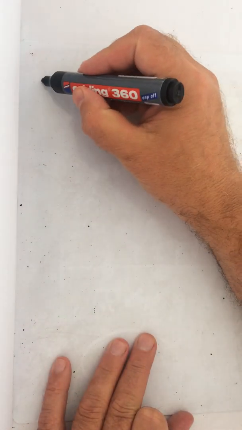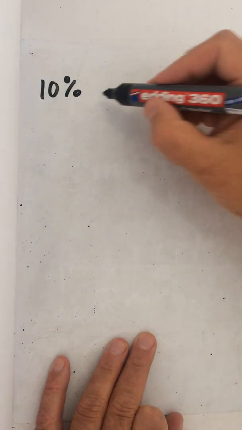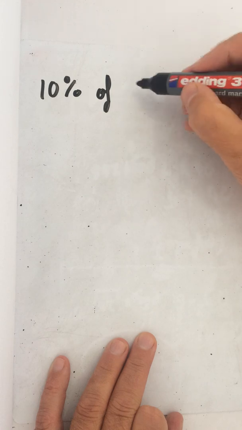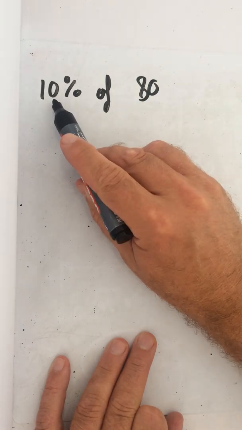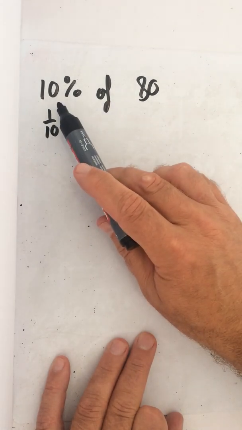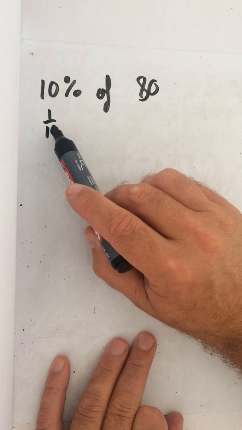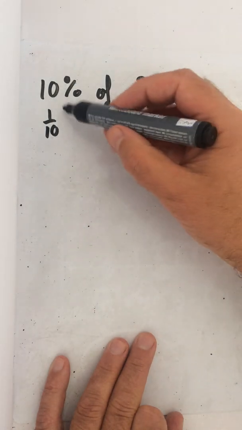Okay, so let's start off with the first one, 10%, and this is the key one to be able to do really with today's work anyway. So if we can find 10% of, let's go with 10% of 80. Okay, so 10% is the same as a tenth, isn't it? So whenever you find 10%, you're just dividing it by 10. Okay, you're finding a tenth.